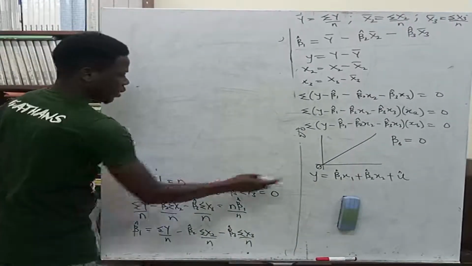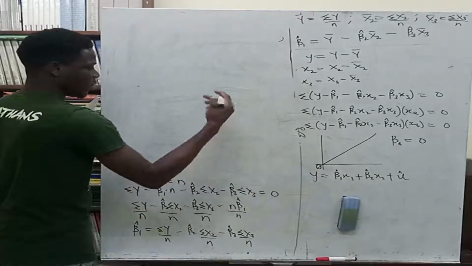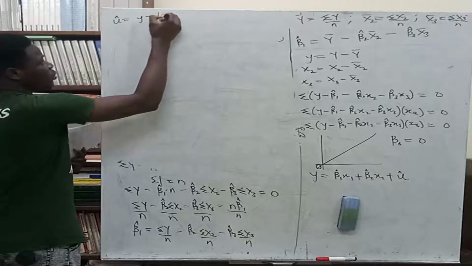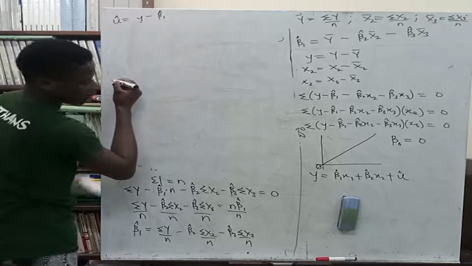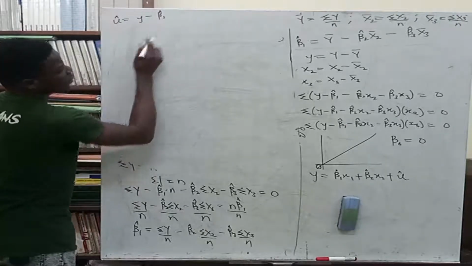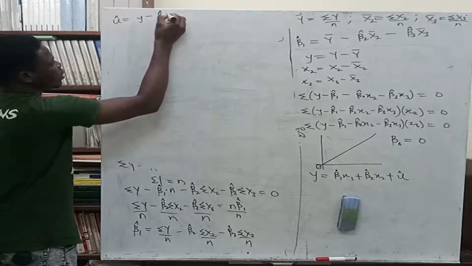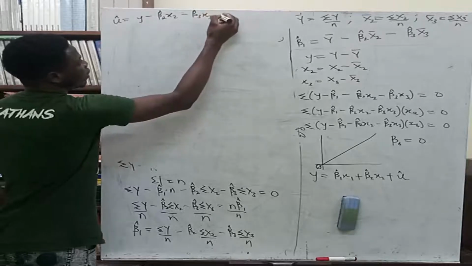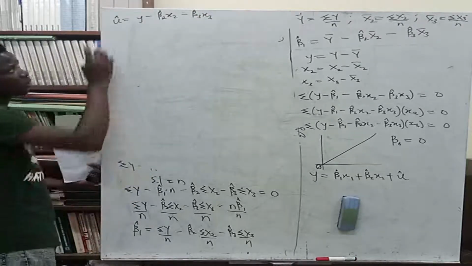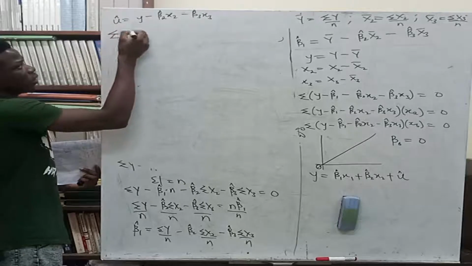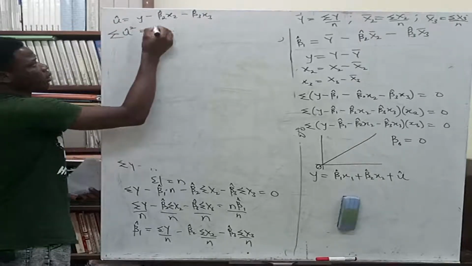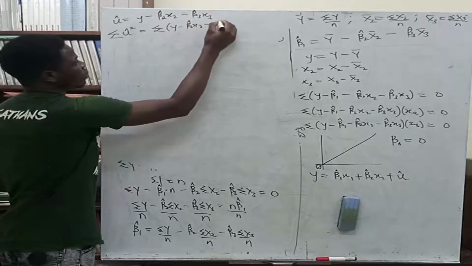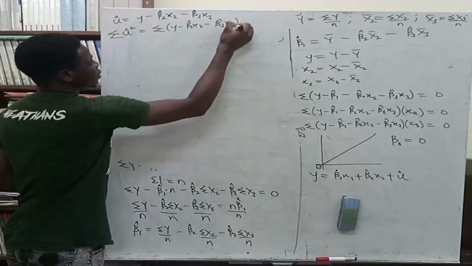So to do that now, we'll do the same thing. We'll make u the subject of the equation: u hat equals y minus beta 2 x2 minus beta 3 x3. Yes. So we take the sum of this, square it, differentiate with respect to beta 2 and beta 3.